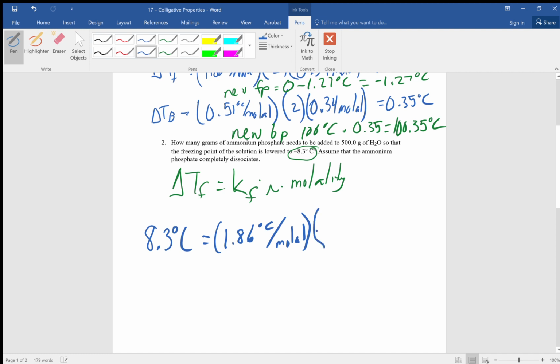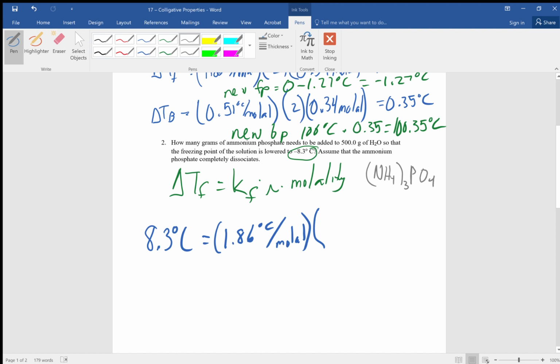Now, what is I in this case? Well, in order to know what I is, we need to know the formula for ammonium phosphate. So ammonium phosphate, NH4 is the ammonium ion, has a +1 charge. Phosphate is PO4 3-, so we need 3 ammoniums and 1 phosphate.